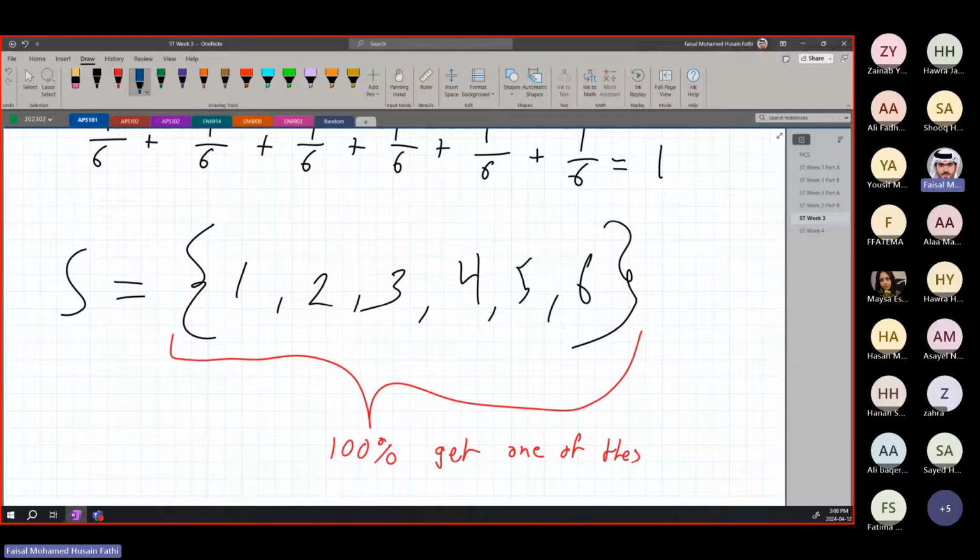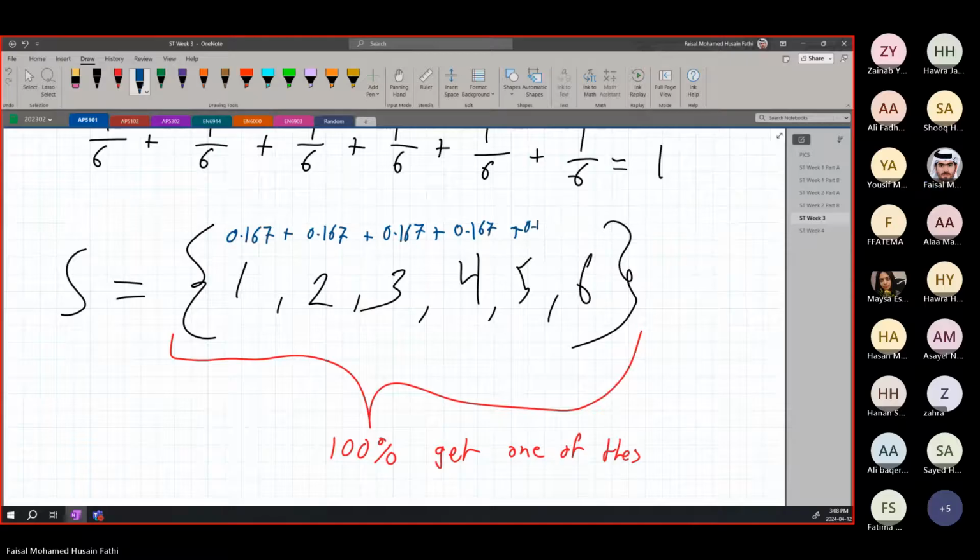1 over 6, let me just put that in the calculator very quickly. It's 0.16, yeah. So 0.167 for each one. These have to all have the same addition when you're adding all of these up. 0.167 plus 0.167. These have to all have a chance of occurring within the sample space, and at least one of them will definitely occur.